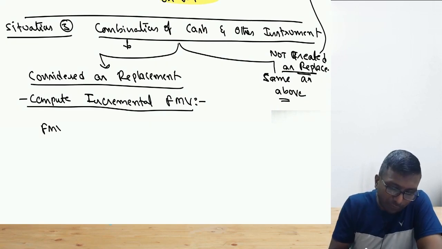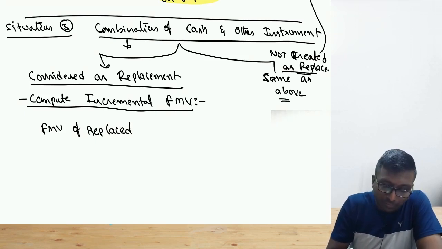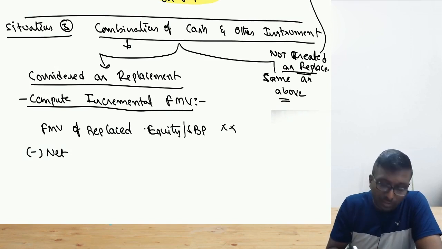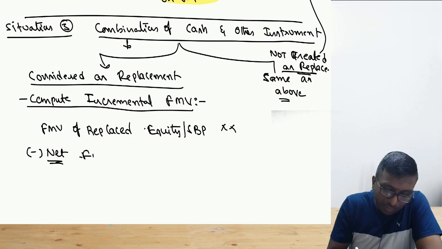Fair market value of replaced, what is that instrument? Equity or SBP. Same sentence as above, copy paste. Minus net. Yeah, this is the one. Net fair market value of cancelled one.